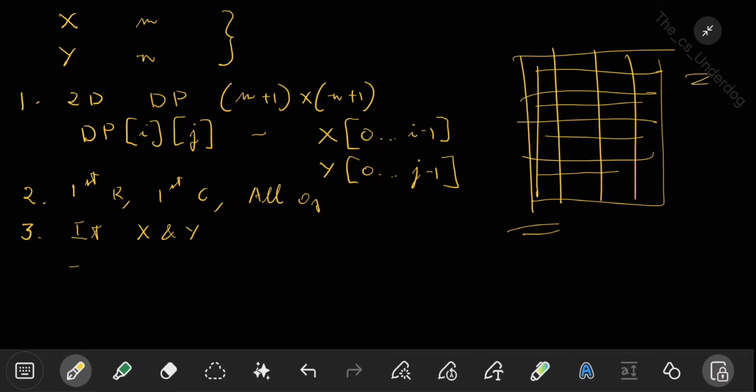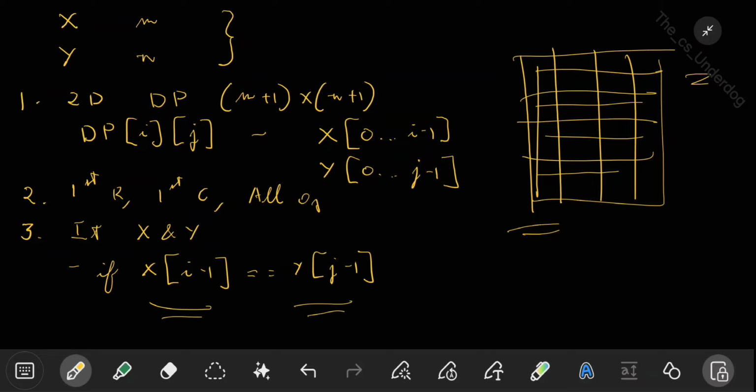So in case, in string X, if X of i minus 1, that is the ith letter in string X, is equal to Y of j minus 1, this means the ith letter of X is equal to the jth letter of Y. If these two letters are equal, then what can we do?